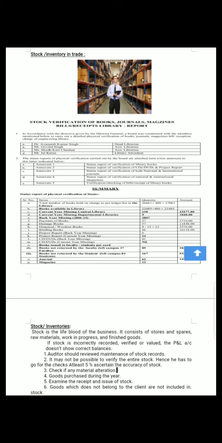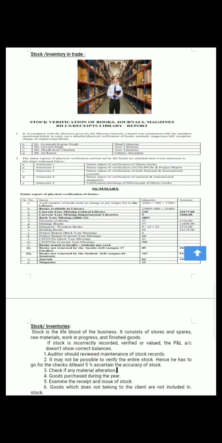Here are a few things, the items which have been verified by an auditor. You can see the number of books available in the library, current year missing in the central library, current year missing in the department library, then back year missing, and payment of books, damage, how many books have been damaged, how many binding books are there, how many project reports are available, how many CDs, how many DVDs, how many journals, how many magazines, everything.